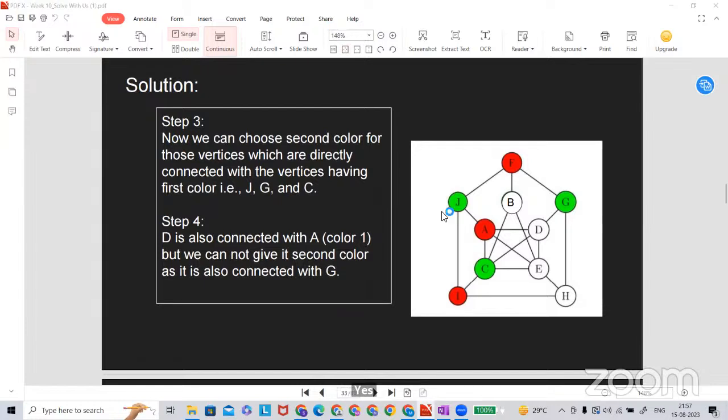Okay. Now in the next step, we start coloring. Sir, can't we color B with green? No, B is connected with C. See, that's the problem.